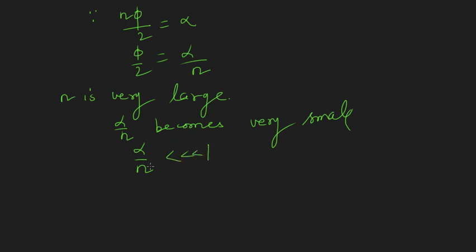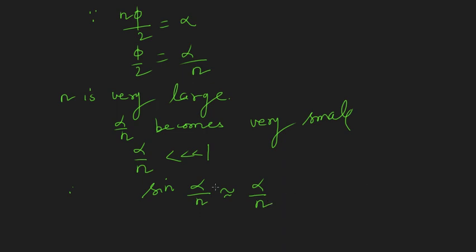If such a thing happens, then sine alpha by n can be approximated as alpha by n. You all know that sine theta is approximately equal to theta if theta is very small.